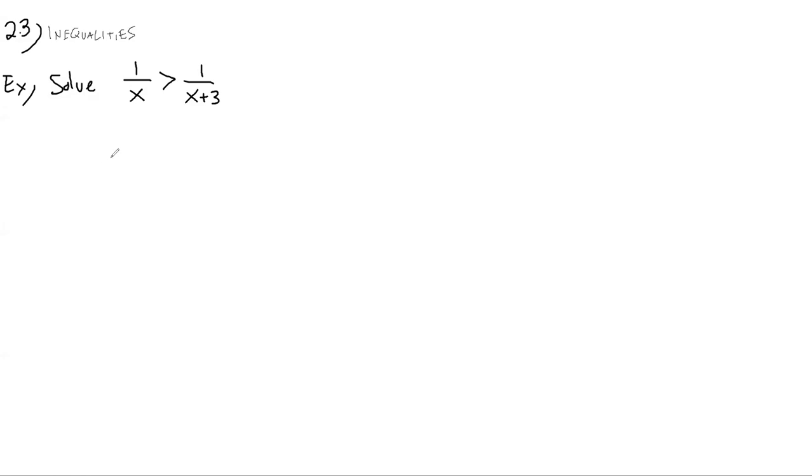So let's say we plow forward, we cross multiply like we know that we're allowed to do with equations. And so what we'd end up getting would be actually x plus 3 over x, times x plus 3, is greater than x over x times x plus 3.